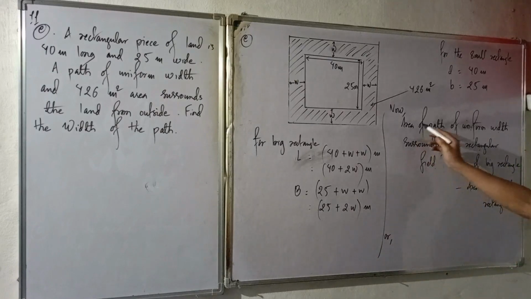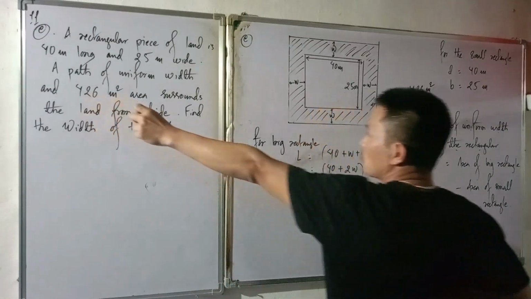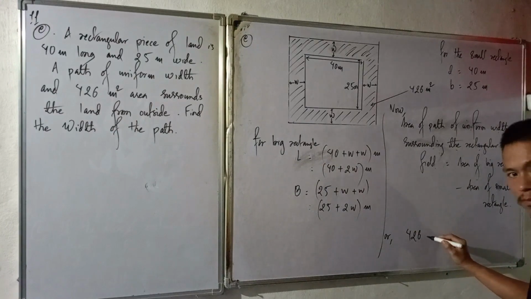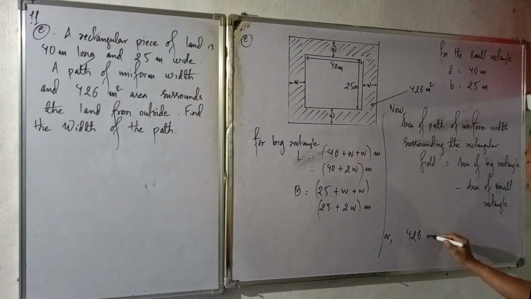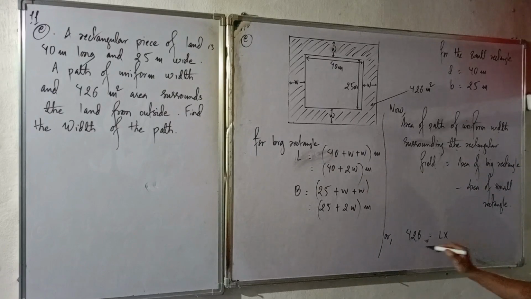Now the area of the path of uniform width surrounding the rectangular field is given here, 426 meter square. For the area of the big rectangle, we have capital L multiplied by capital B, length into breadth, minus the area of the small rectangle, for which we use small l and small b.